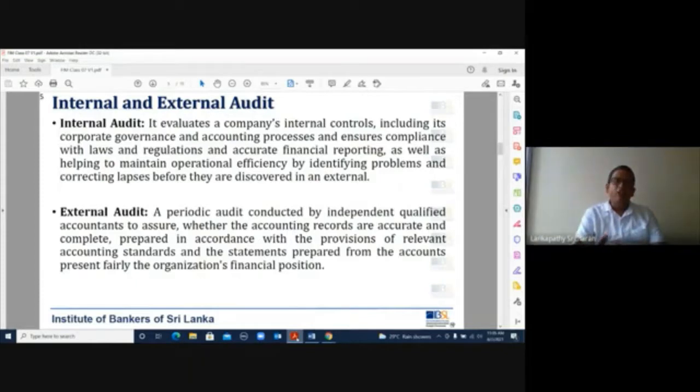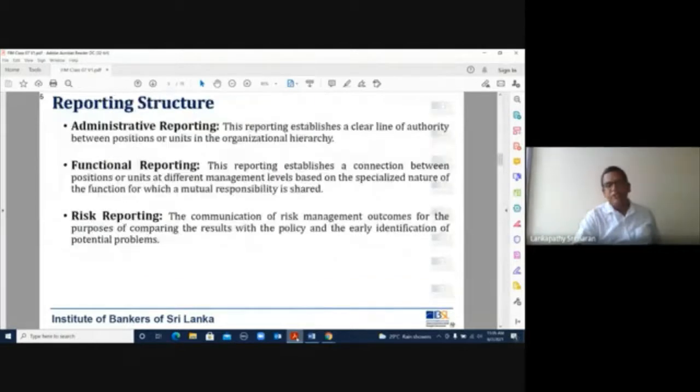So external audit is an independent audit, carried out by qualified auditors giving an independent opinion that the financial statements present fairly the organization's financial position. So that is external audit. I am going quickly because there is nothing much to explain.